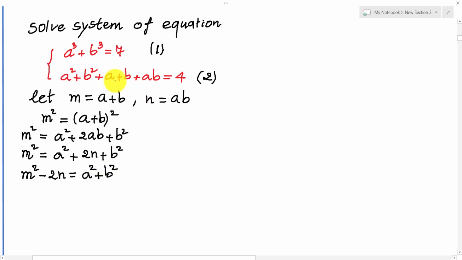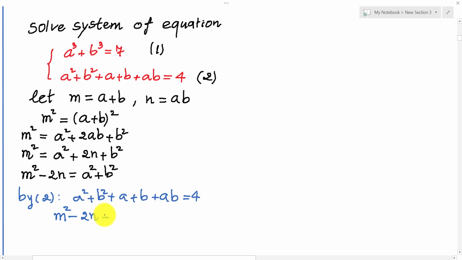Now I use the second equation, a^2 + b^2 + a + b + ab = 4. I replace a^2 + b^2 by m^2 - 2n, a + b by m, and ab by n.